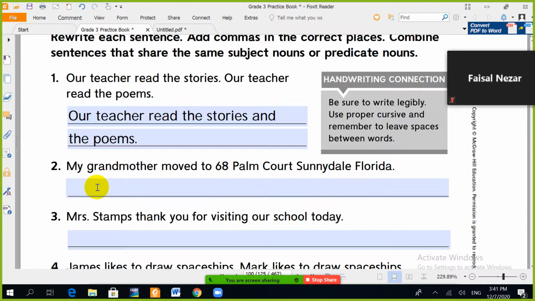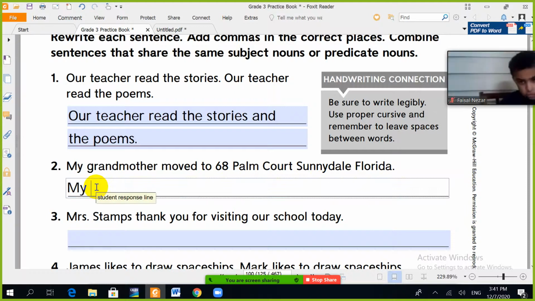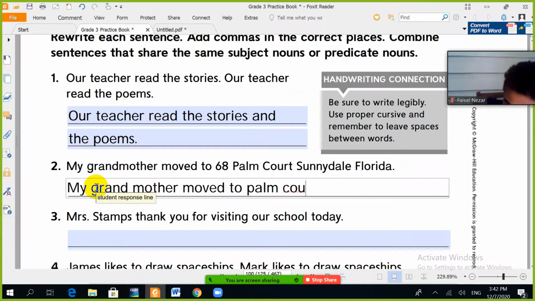So here, if you can remember that, we can write it as we can see right here. My grandmother moved to 68 Palm Court.